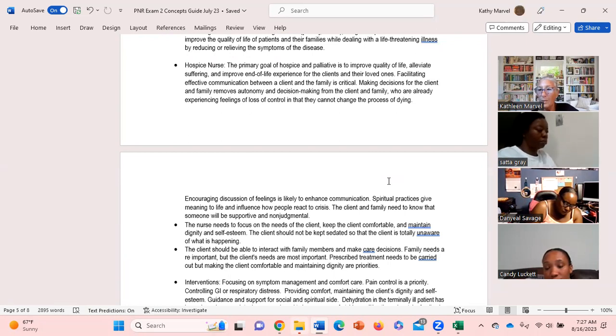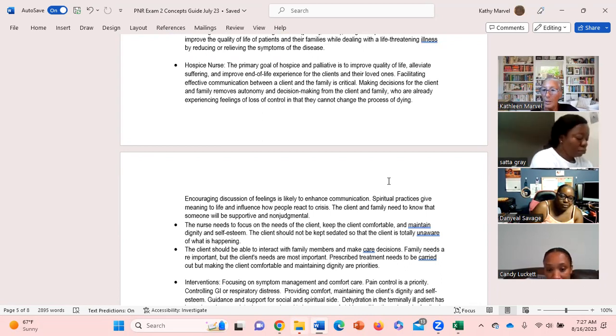What are their feelings? Maybe they've recently had a death in their own family. But the goal is to have everybody on board with the plan. That's what the hospice nurse strives to achieve.